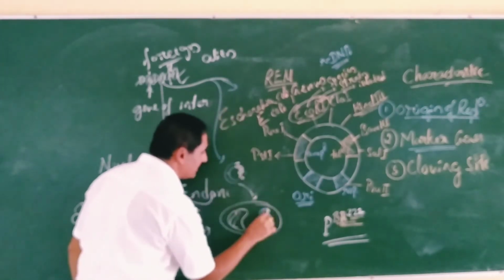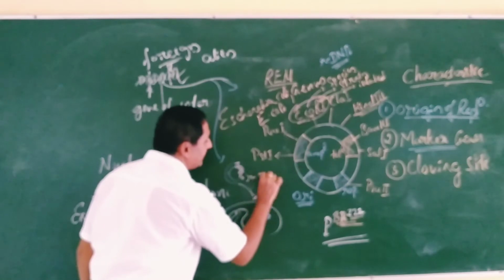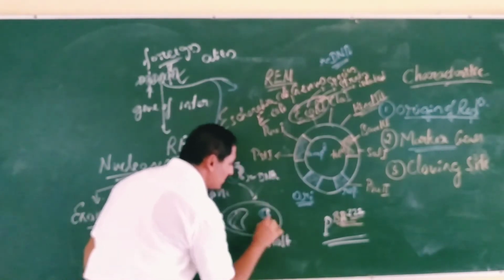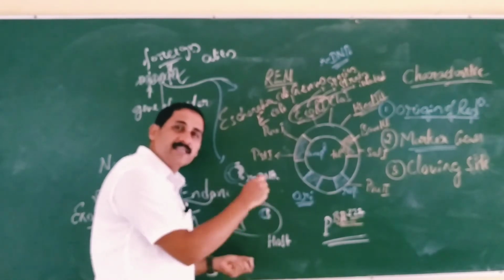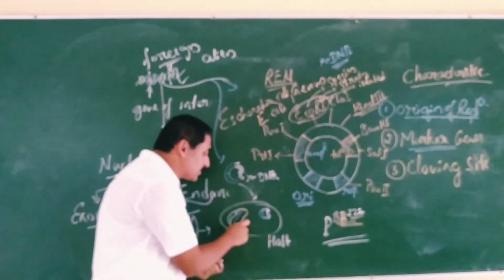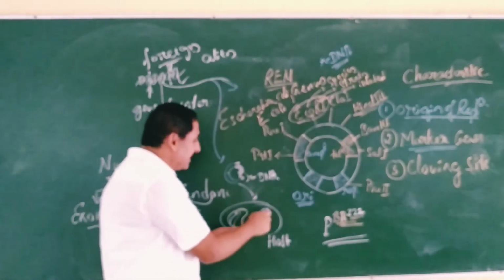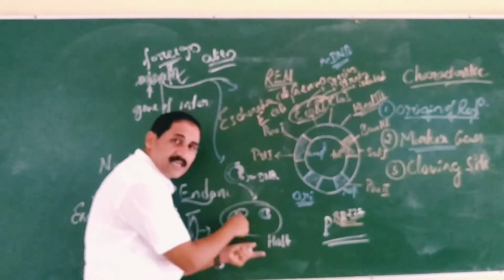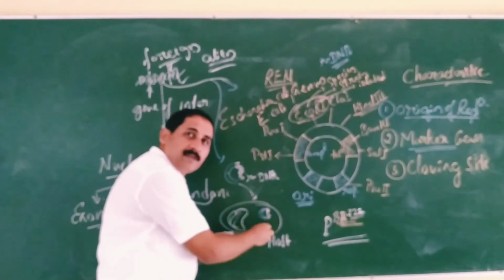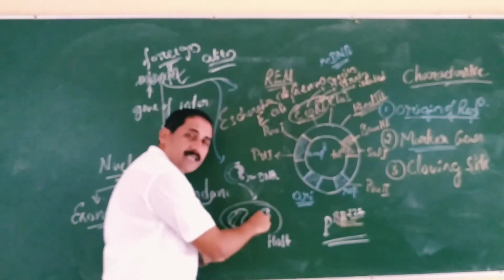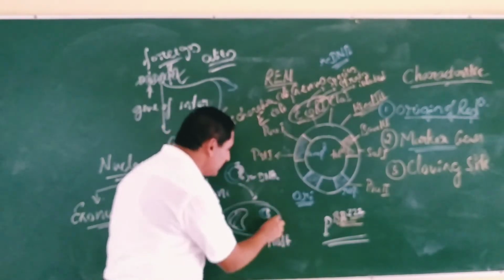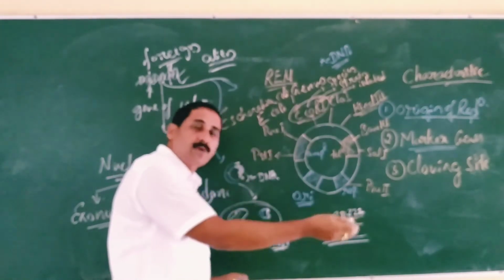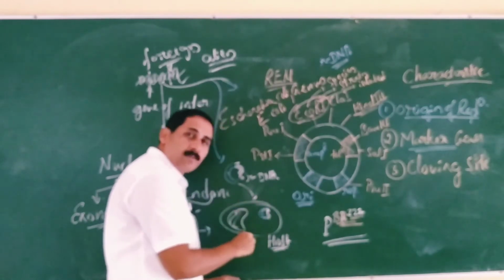After introduction of the rDNA into a host, the host gets transformed, because along with its genomic DNA, it contains a foreign gene. An alien gene comes to its cytoplasm, so its genetic material gets altered. This is the transformed cell.